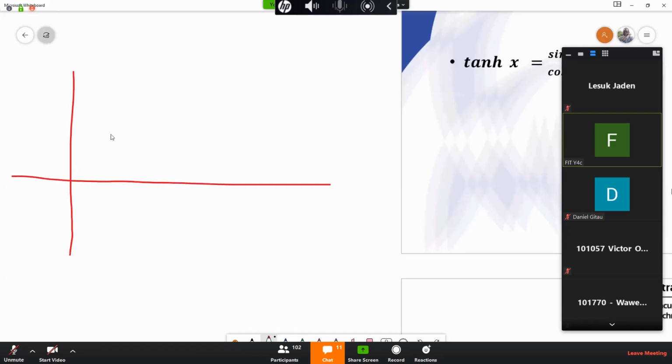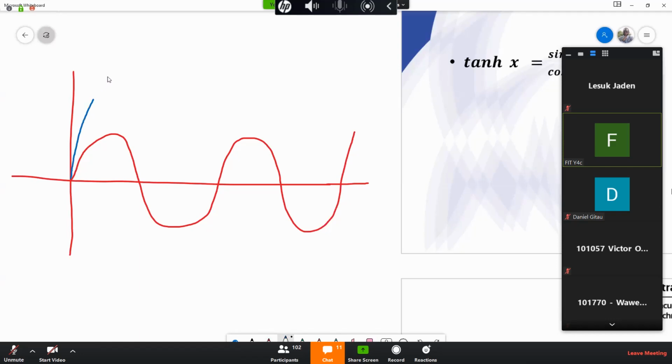So for example, if this is a wave like this, then this wave can be amplified or it can be rescaled, such that now it's a bit larger like that. These are the geometrical transformations.